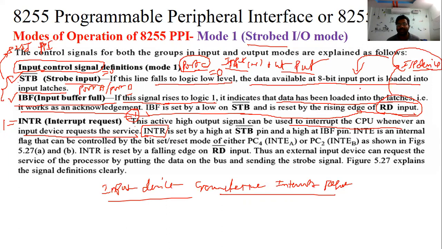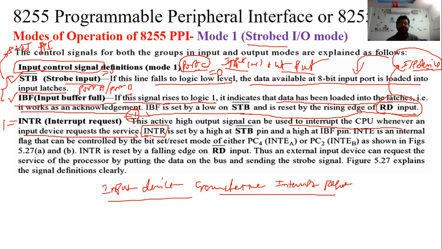How does the microprocessor know that the data is loaded? An acknowledgement is generated. Once the acknowledgement is generated, the microprocessor sends the read signal. So the microprocessor takes the data present on the input device.